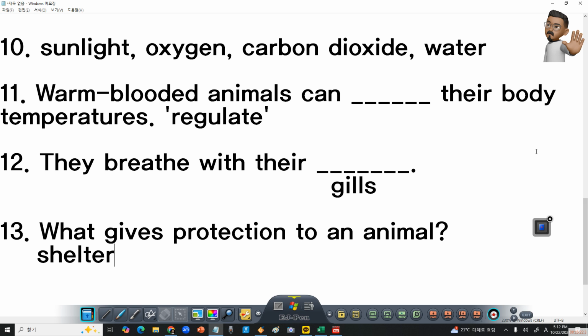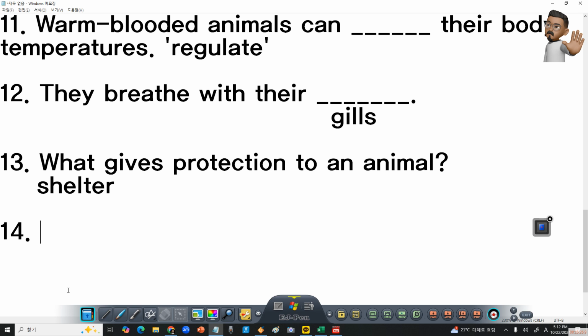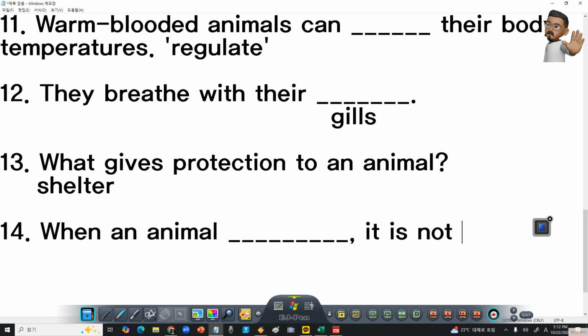When an animal blank, it is not active during the winter. So this is like bears, frogs, snakes. It starts with H. Stop it.